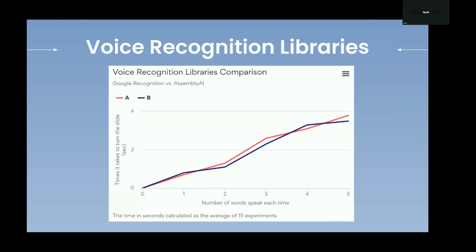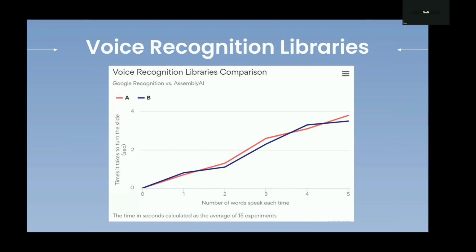So this is the voice recognition libraries comparison. As shown on the charts above, the difference between Google recognition and Assembly AI is only a fraction of a second.